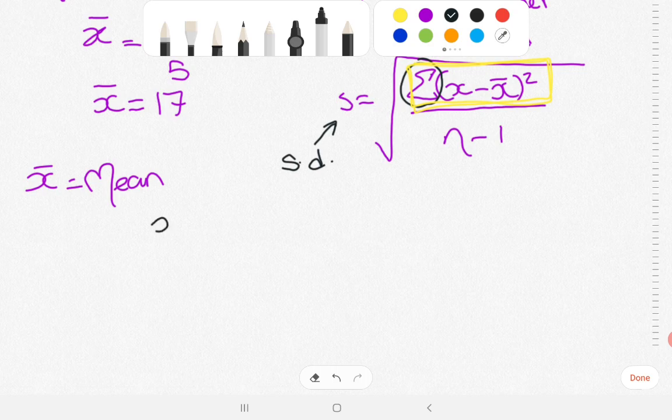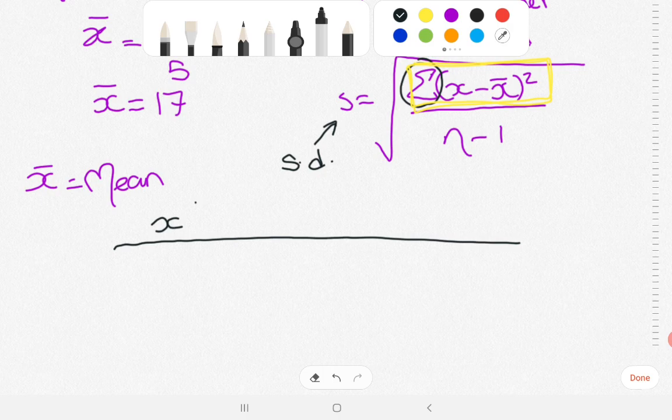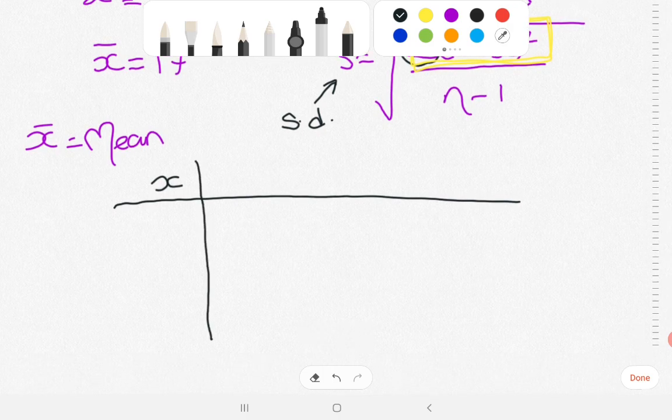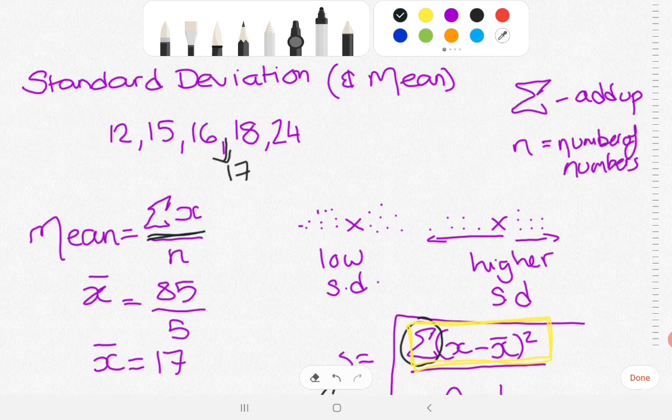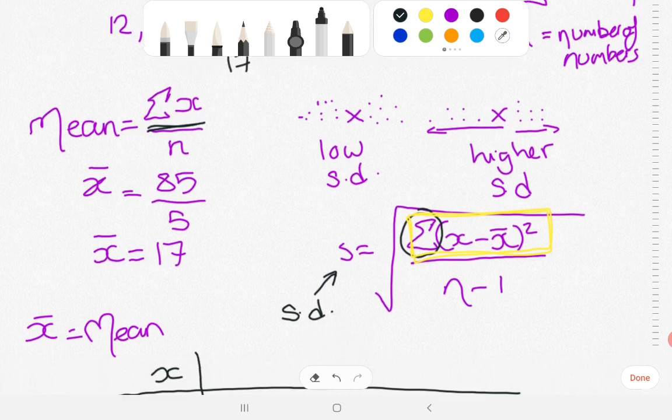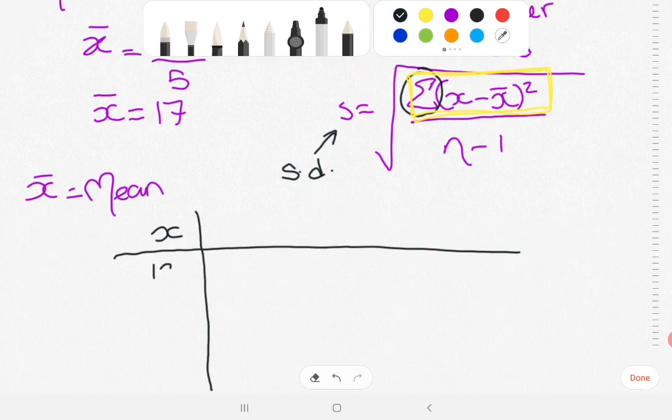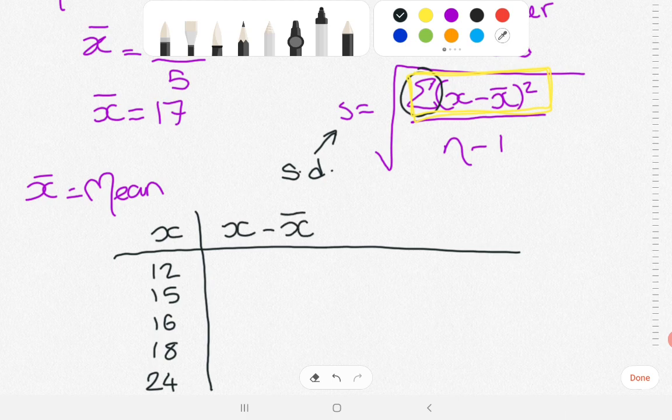We're going to make a wee table. And there's 3 columns to the table. The columns are x, which we've already talked about as being the different numbers. So in this example here, the numbers were 12, 15, 16, 18 and 24. Now, the next column is going to be x minus x bar.